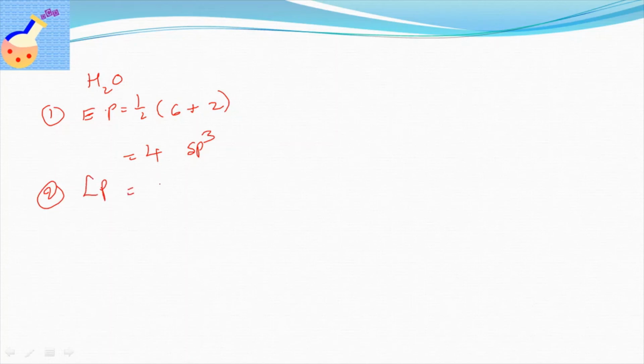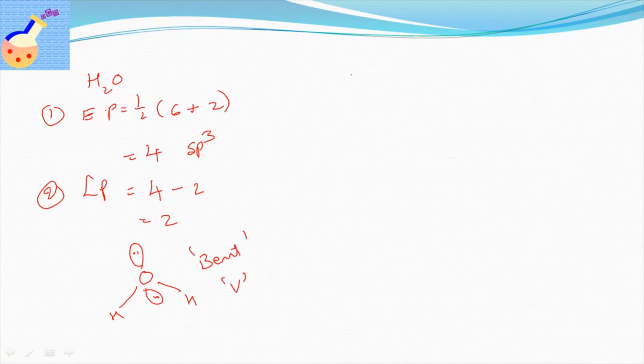So lone pairs is equal to 4 minus bond pairs. How many bond pairs are there? 2. So 2 lone pairs are there. So the shape of the molecule will be tetrahedral like this. But because the lone pairs occupy the axial positions like this, and the remaining are bond pairs, the shape becomes bent shape, or you may say V shape.